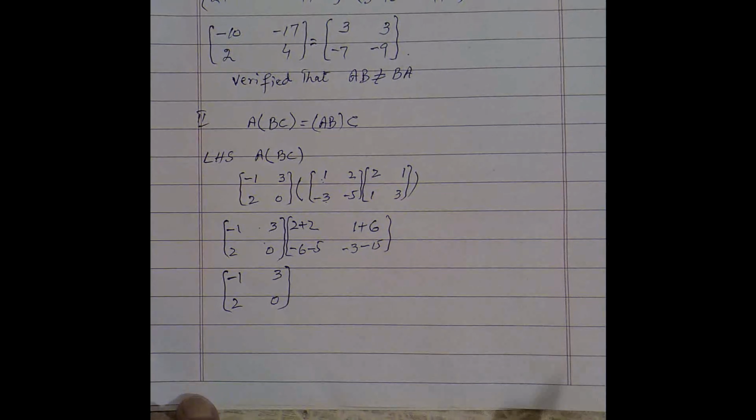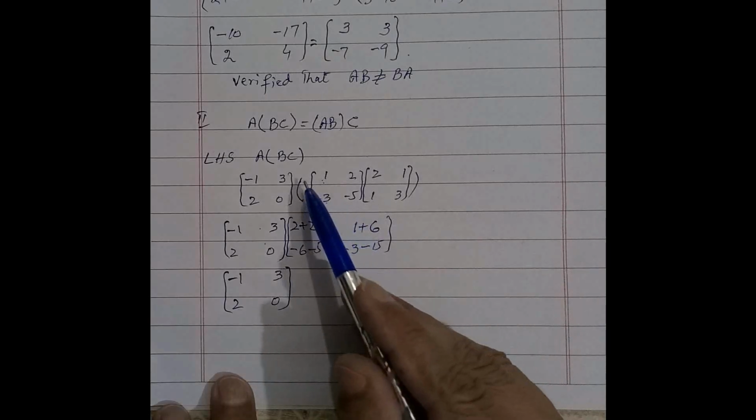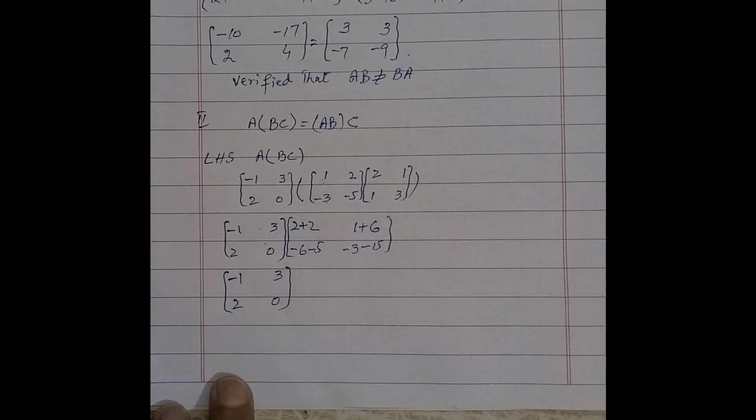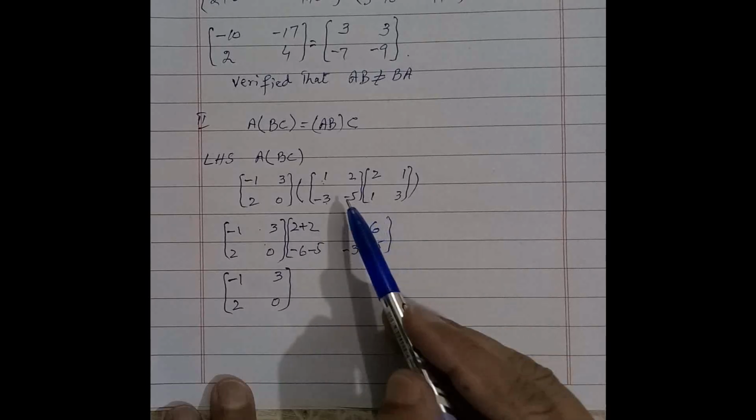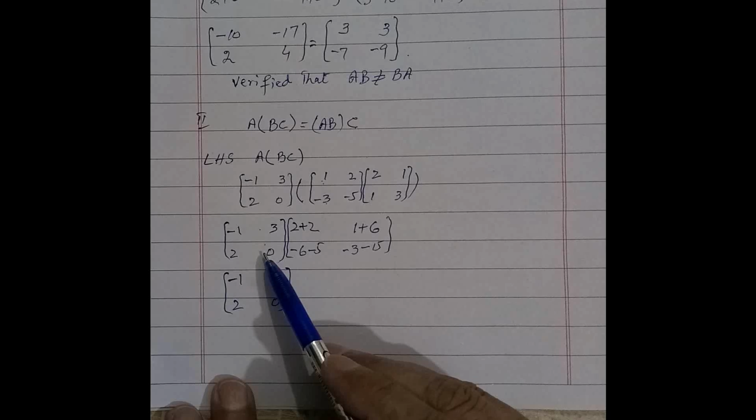According to BODMAS rule, first we solve the values which are enclosed in the bracket, which is B into C. The A matrix is same here.